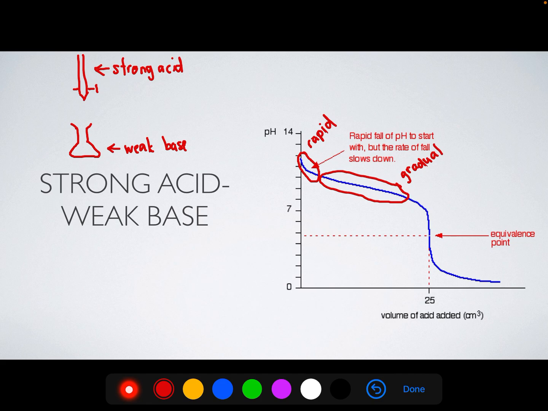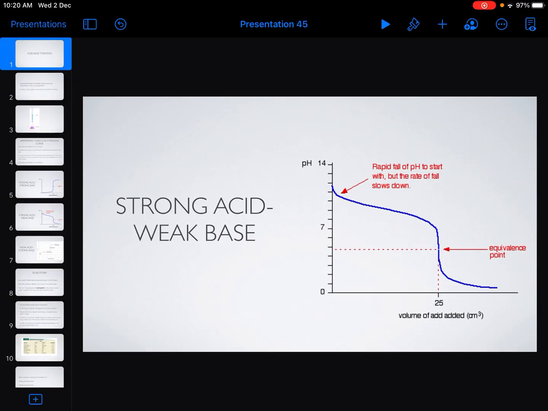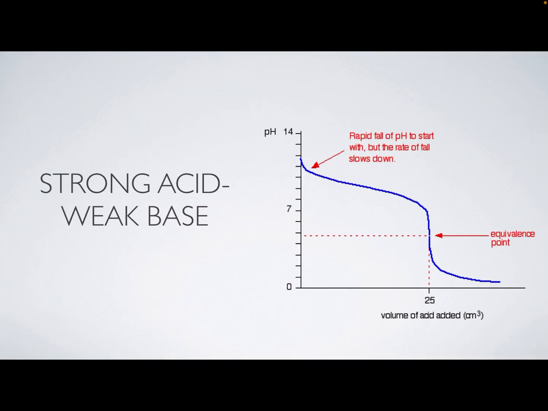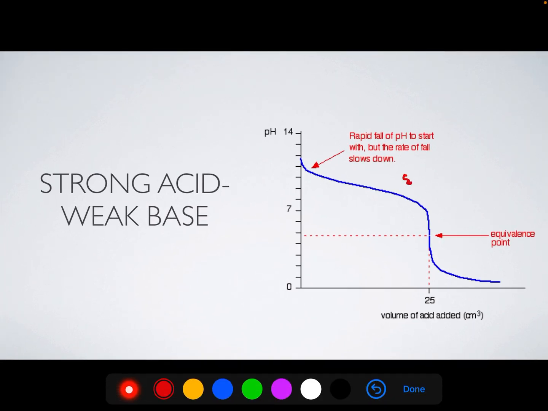Okay, however, as the titration goes by, bila semakin banyak strong acid ditambahkan kepada base, semakin banyak garam akan terbentuk, semakin banyak salt akan terbentuk. Bila neutralization tu berlaku, semakin banyak salt akan terbentuk. So salt yang terbentuk itu ialah kita punya conjugate acid, kerana kita menggunakan strong acid.